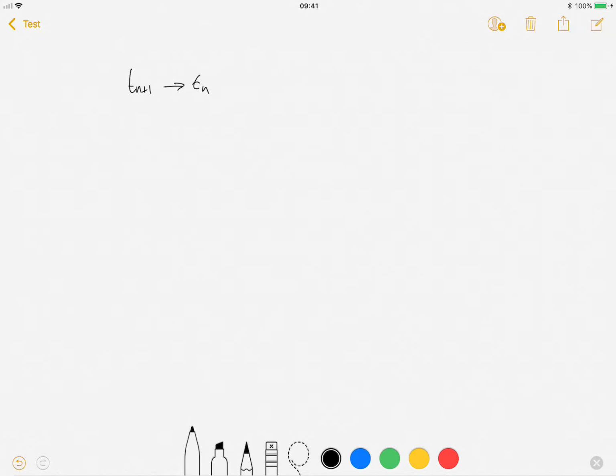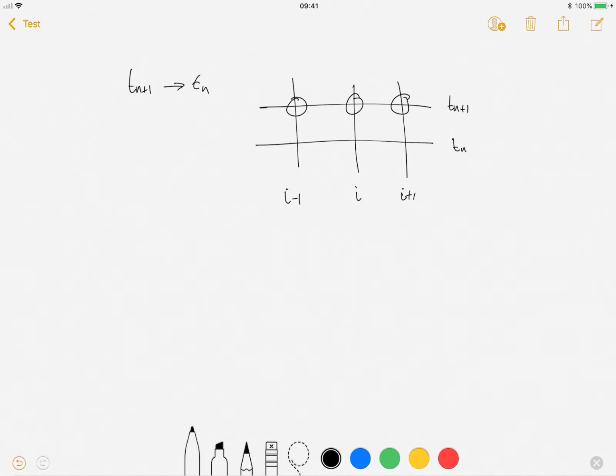So essentially what I'm talking about is if we had a grid that looks something like this, grid nodes I plus 1, and I minus 1. We obviously have our time dimension in the vertical, so that's tn plus 1. What we do is we look at the spatial dimensions at tn plus 1 and the time dimension at tn in order to get the value at tn plus 1.